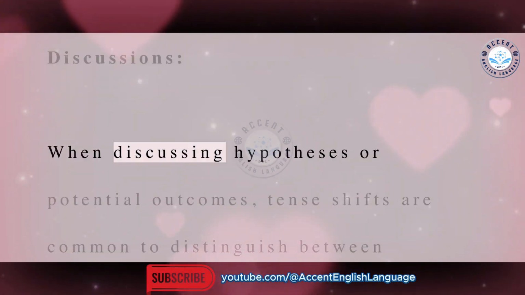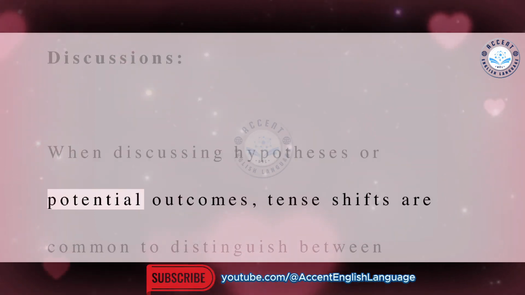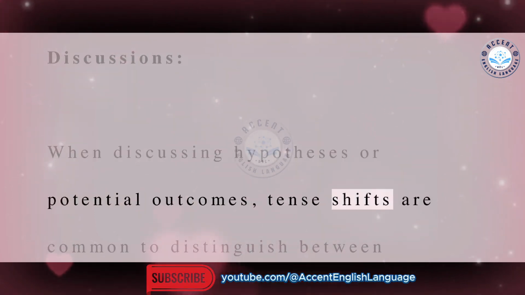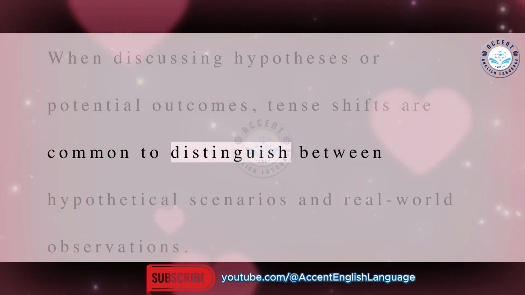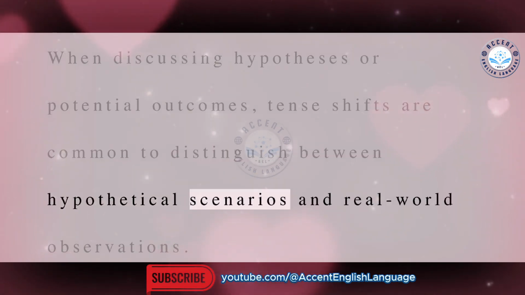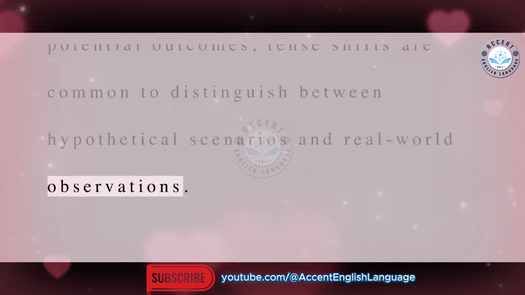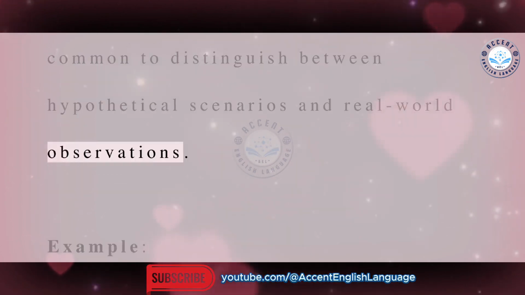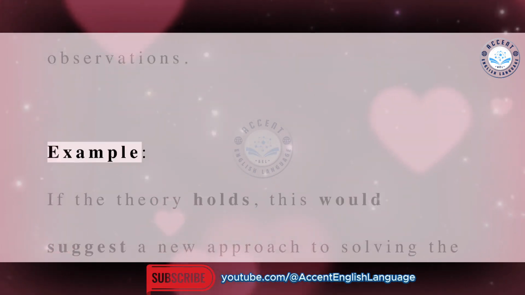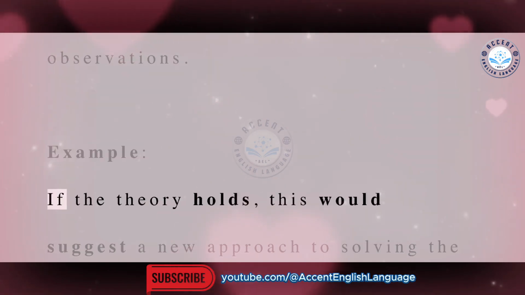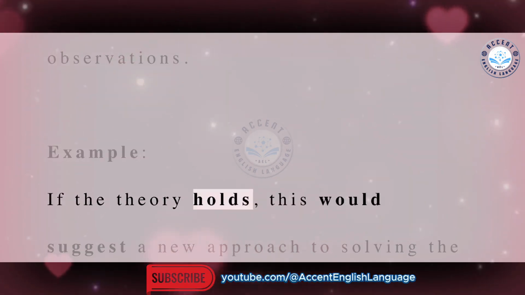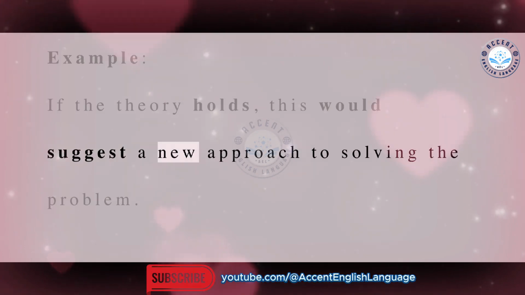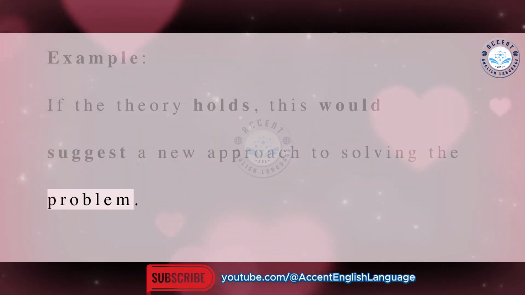When discussing hypotheses or potential outcomes, tense shifts are common to distinguish between hypothetical scenarios and real-world observations. Example: if the theory holds, this would suggest a new approach to solving the problem.